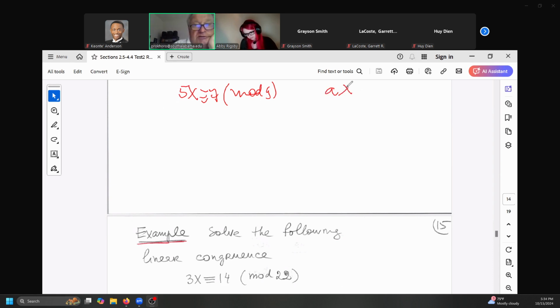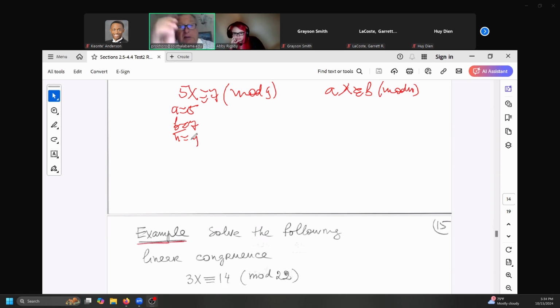So ax is congruent to b modulo n. So a equals 5, b is 7, n is 9. d is the greatest common divisor of 5 and 9, which equals 1. 7 is divisible by 1, so we have d equals 1 solutions, just one solution.